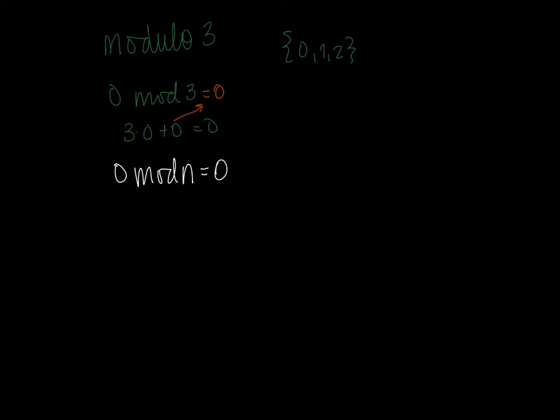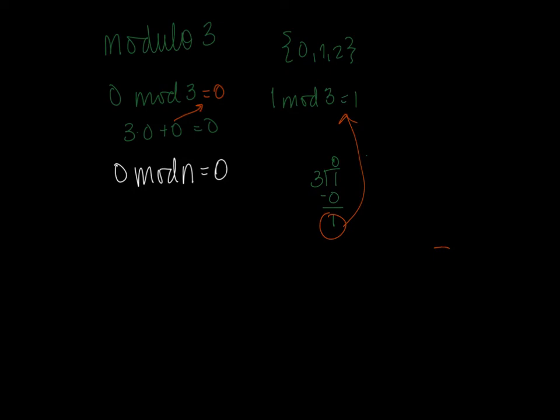But let's go back to modulo 3. So 1 mod 3 is going to equal 1, because when I take 3 and I divide it into 1, it won't go in a full time. So when I subtract, I'm left with a remainder of 1, which is where that comes from.